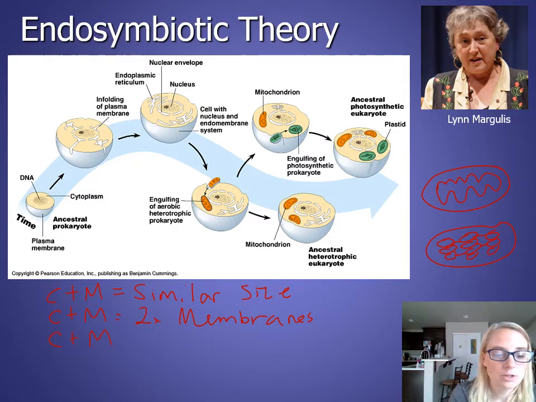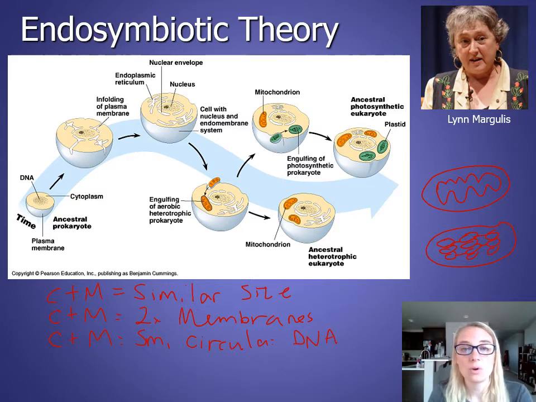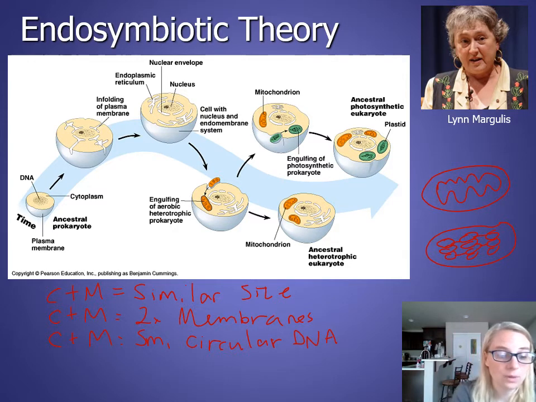Chloroplasts and mitochondria have small pieces of circular DNA. Right? So they have, like a prokaryote, a small circular piece of DNA. So do chloroplasts and mitochondria, which is separate from the nuclear DNA of the nucleus of a eukaryotic cell.